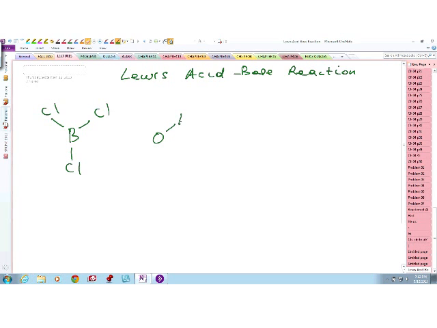So if you have, say, water, water has a non-bonding pair of electrons. So what can water do? Water could donate electrons to this boron, and then you get this compound here.